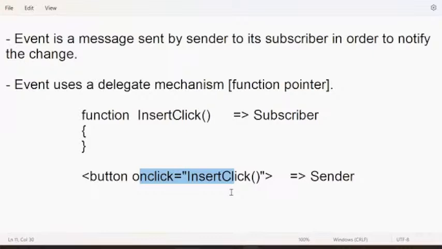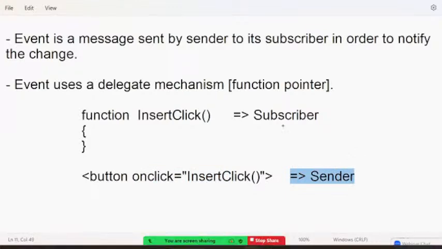When any change occurred in that object, that change is notified to whom? Subscriber. That change is notified to subscriber and subscriber will do the functionality. So sender is sending a message to the subscriber. So subscriber will do the functionality defined. It will perform this functionality.